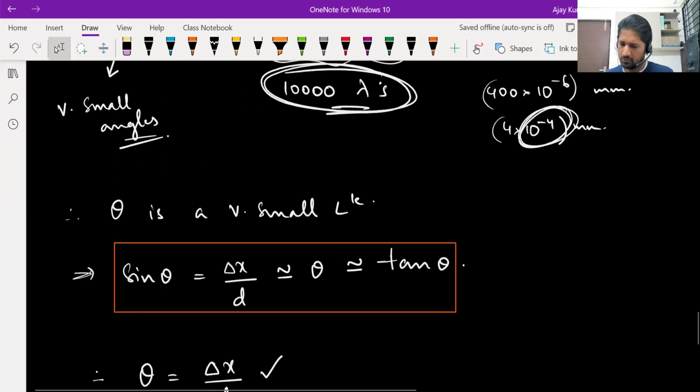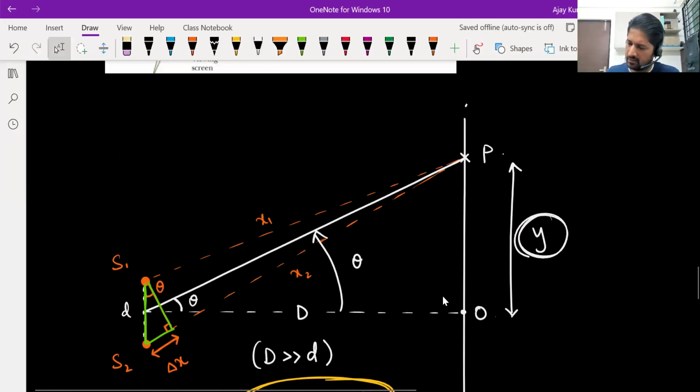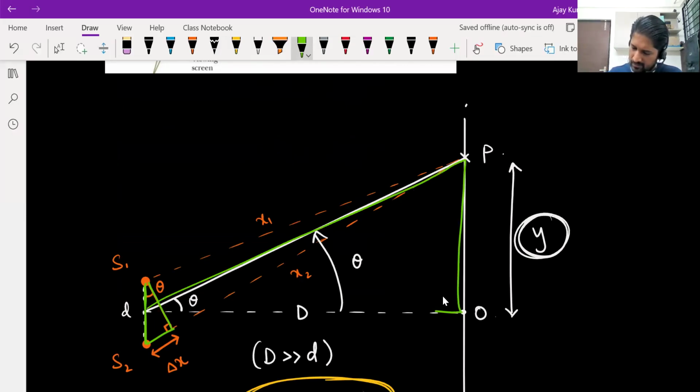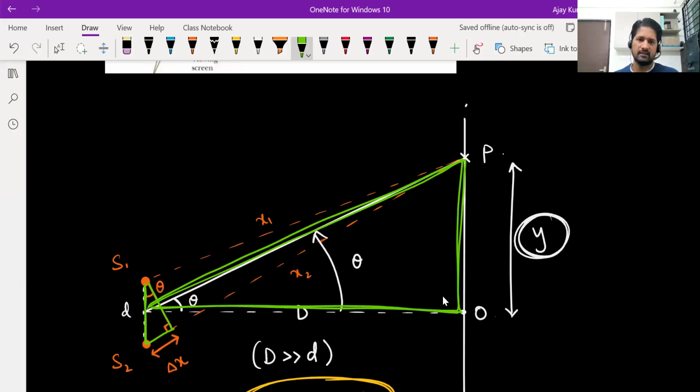The other thing we wanted to find out is the linear position y. Now look at this big right angle triangle. For the angle theta, y is the opposite side and capital D is the adjacent side. Opposite and adjacent are related by tan.